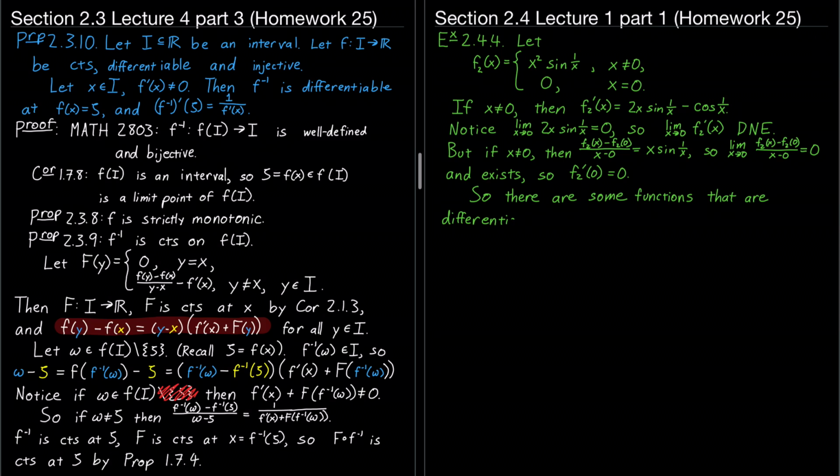This function in particular is differentiable everywhere, but the derivative is not continuous. So that's what this example is getting at. It's a nice differentiable function, but its derivative isn't continuous. Even though the derivative exists everywhere, it's not continuous.